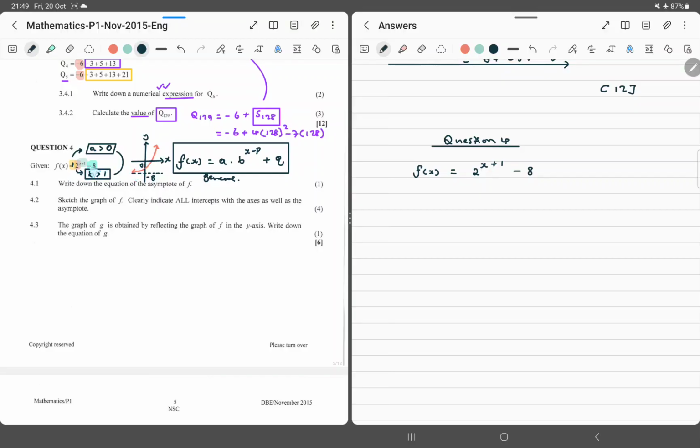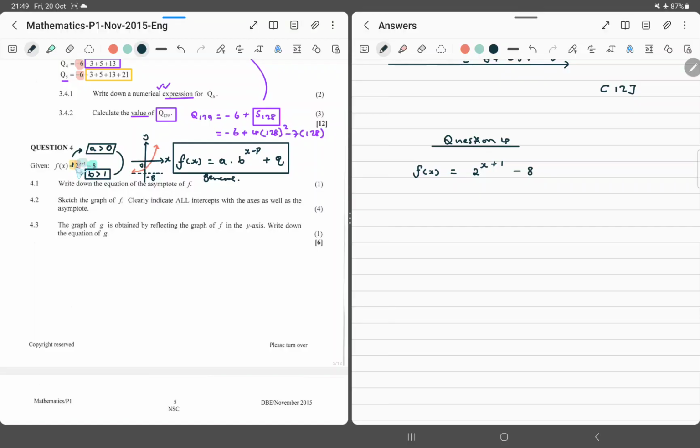Again, if you take 8 to the other side, when y is 0, this is going to be 8 is equal to 2 to the exponent x plus 1. 8 is basically 2 cubed. Now we've got the same bases, we equate the exponents. x plus 1 is equal to 3. 3 minus 1 is 2, so x is 2. So this is a correct region for our x-intercept.